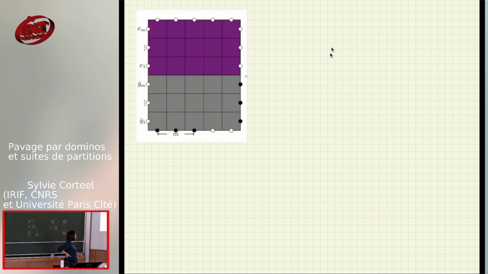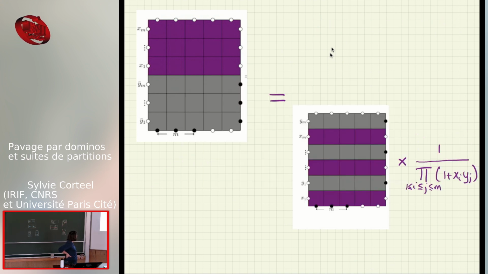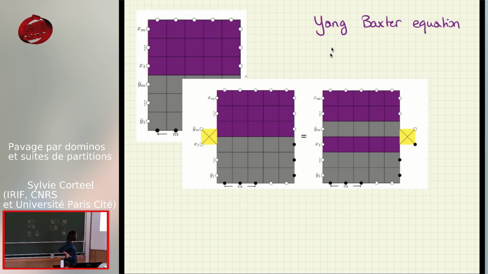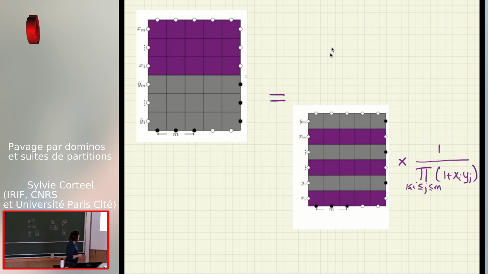Okay, so I lost the slide I wanted, but what I want to compute is this type of partition function. I start here with the empty partition, I'm going to end at the empty partition, and I'm going to see my sequences of partitions as a certain five-vertex model.